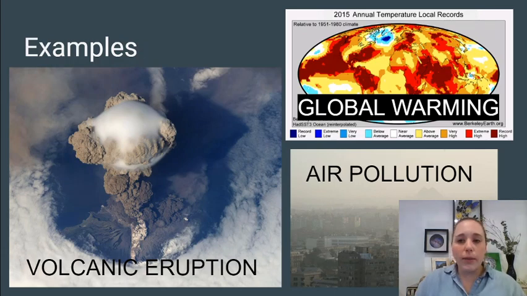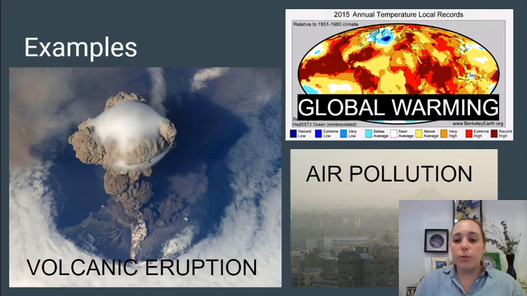I have global warming up here as an example. It's this map in particular showing the change in temperature from 1951 to 1980 to now, and the red spots are showing an increase in temperature, like very, very high temperature. Global warming, if we change our oceans by 1 degree, that's going to cause a lot of bleaching of our coral reefs.